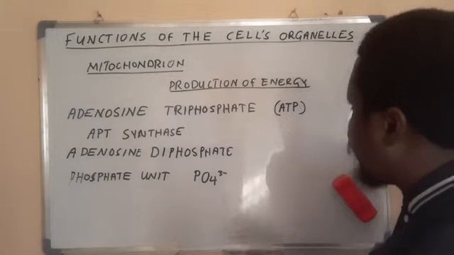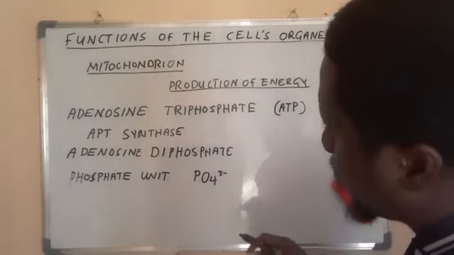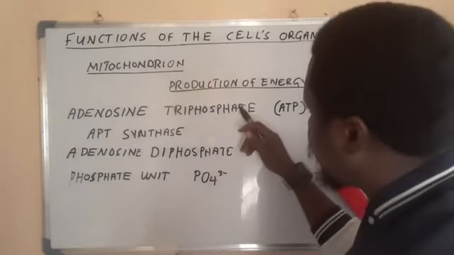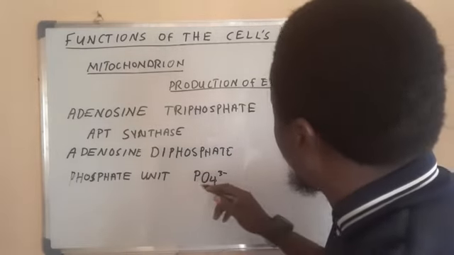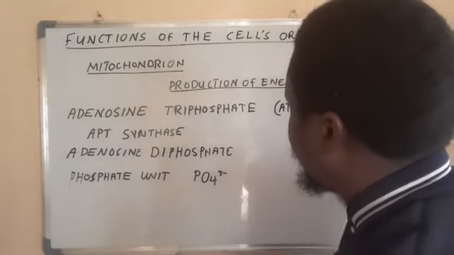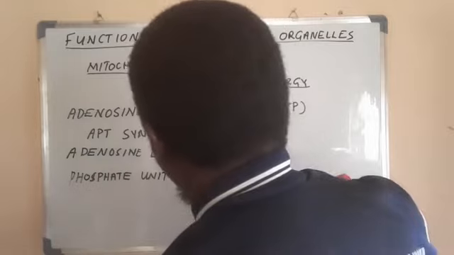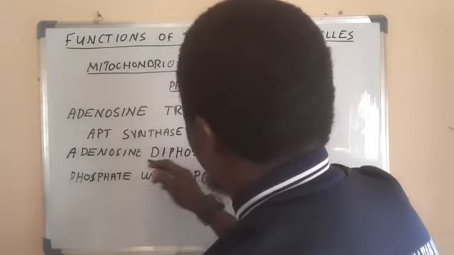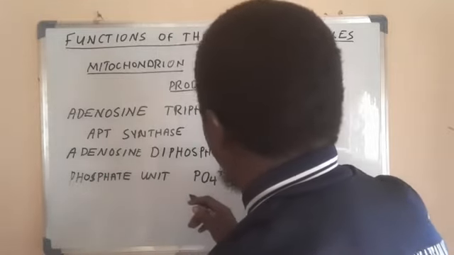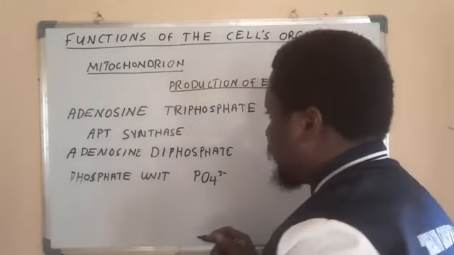It's PO4 3 minus ion, and this one has 3 phosphate units and this one has 2 phosphate units. What happens is that this ATP synthase adds a phosphate unit to this adenosine diphosphate, thereby synthesizing adenosine triphosphate.